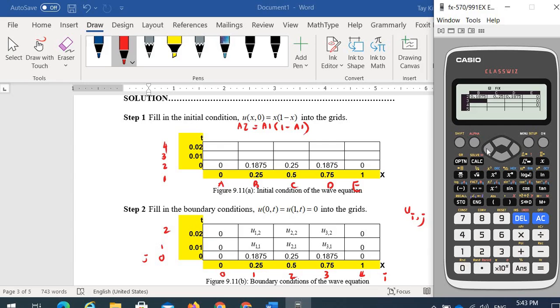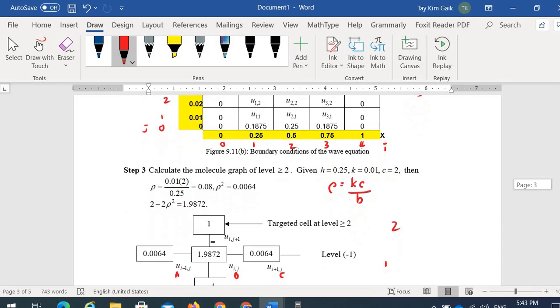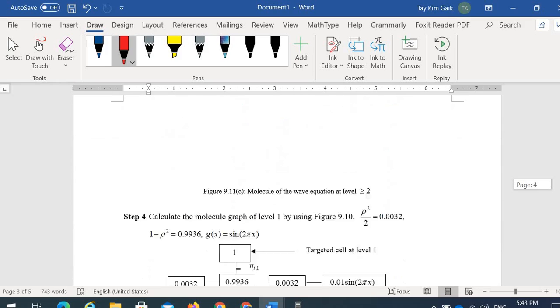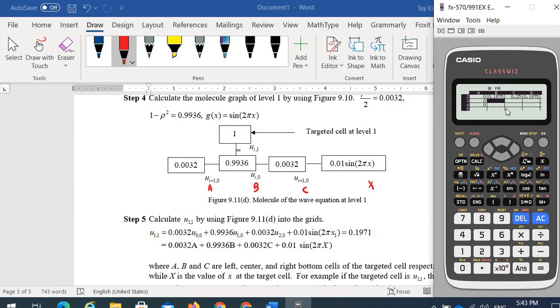Then I plug the formula from the molecule into your spreadsheet. What's the formula that I need to plug in? It is reversed, because the spreadsheet goes from top to down.